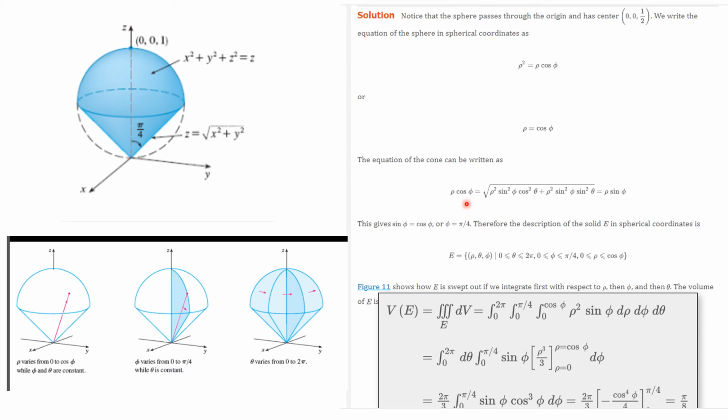So z is rho cosine phi, and I can put in x squared and y squared, and simplify this by factoring out rho squared sine squared phi, and then I get cosine squared plus sine squared, which is 1, and so this is rho sine phi. So that's the equation of the cone.